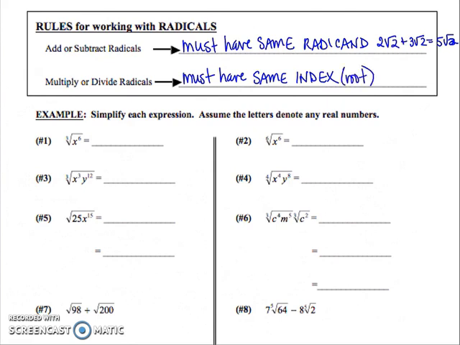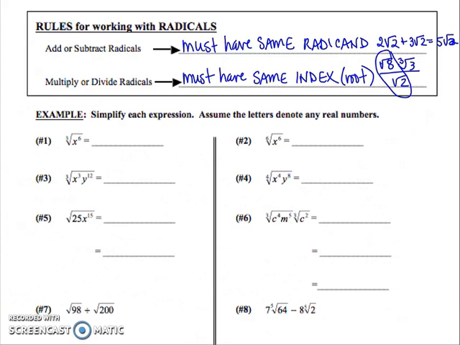So for example, let's say we had square root of 8 times the cube root of 3 in our numerator, and we had the square root of 2 on the bottom. We can't multiply square root of 8 times cube root of 3. They don't have the same index.